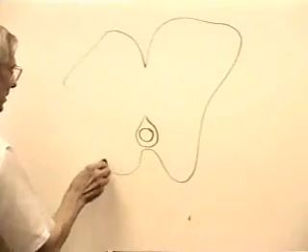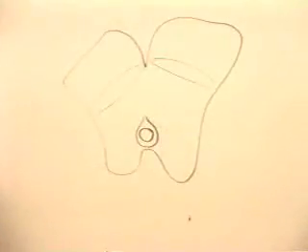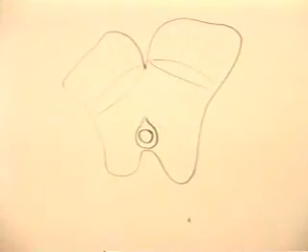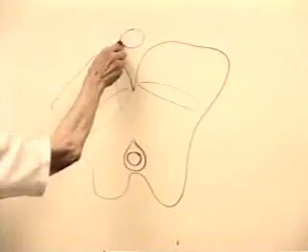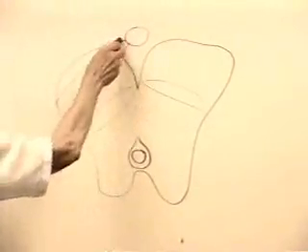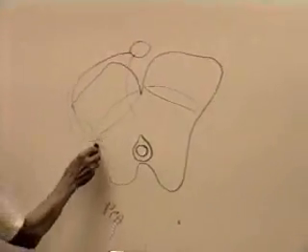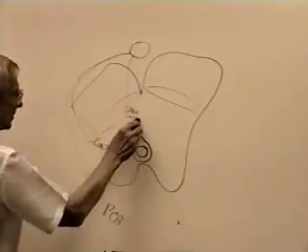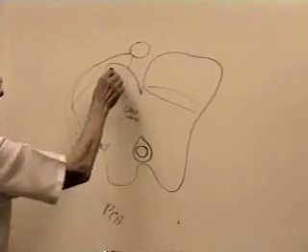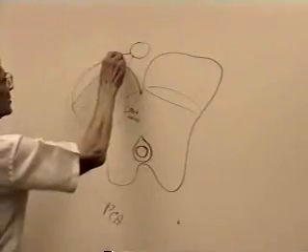Peduncle. Colliculus. Nigra. Basilar artery. Paramedian. Short circumferential, long circumferential, so posterior cerebral artery, lateral, paramedian, and these little branches off the peduncle. With the posterior communicator at this one.